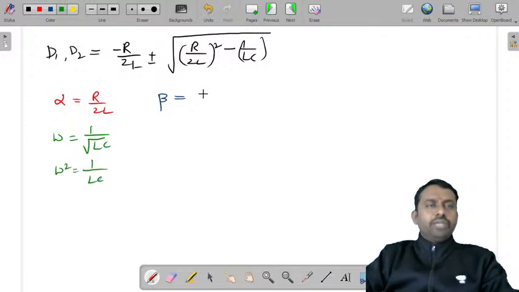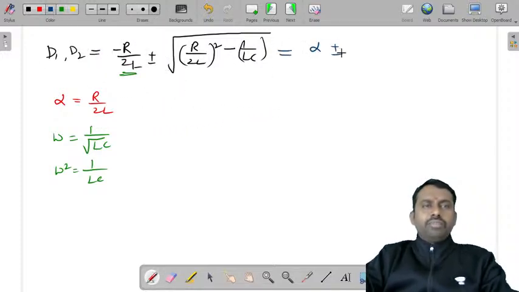So beta will be equal to under root of alpha square minus omega square.